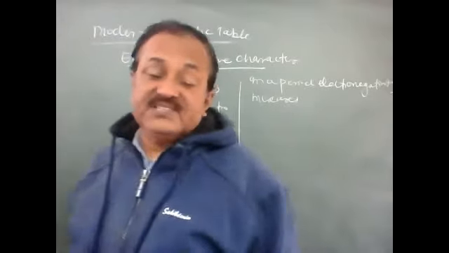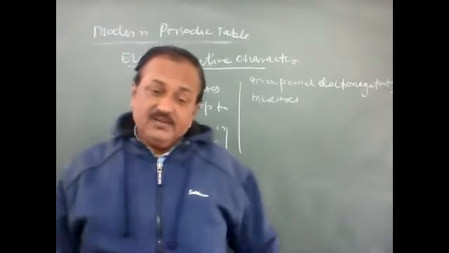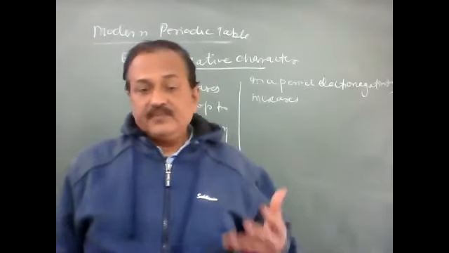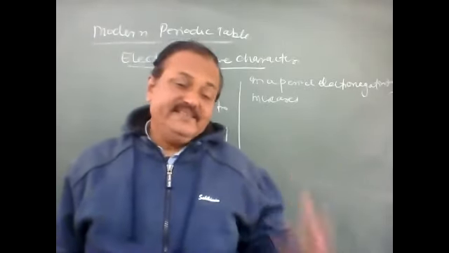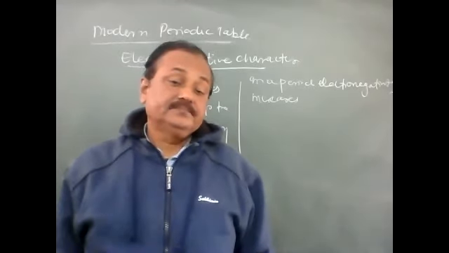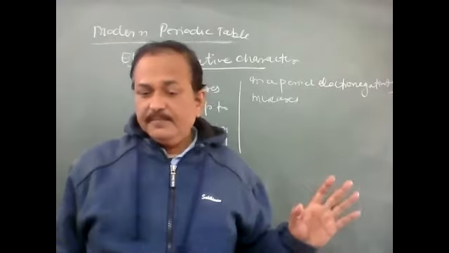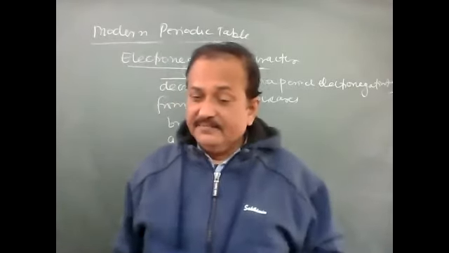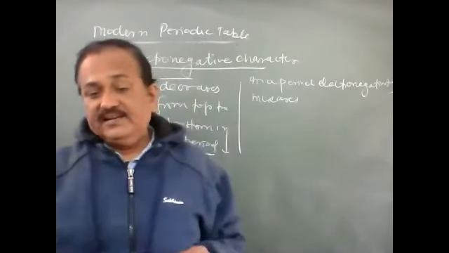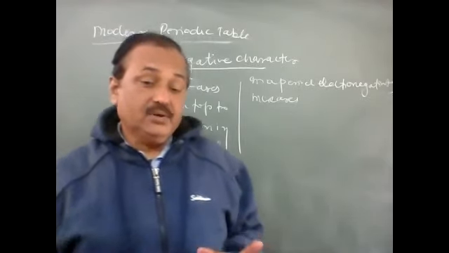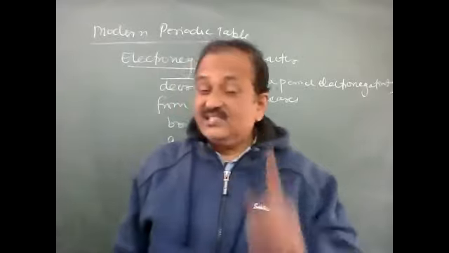Because atomic size keeps on decreasing. So when atomic size keeps on decreasing, naturally it is much easier to gain electrons. Like halogens. Halogens in group 17, they are most electronegative. Halogens are most electronegative. Why? Because halogens have 7 electrons.